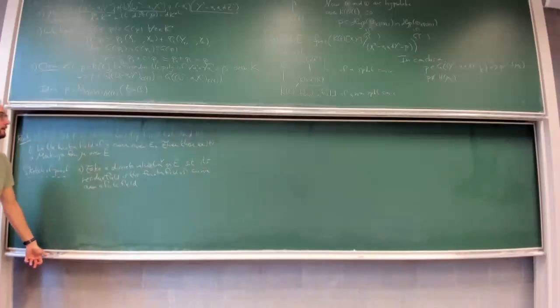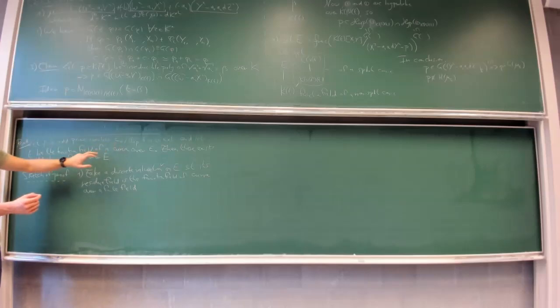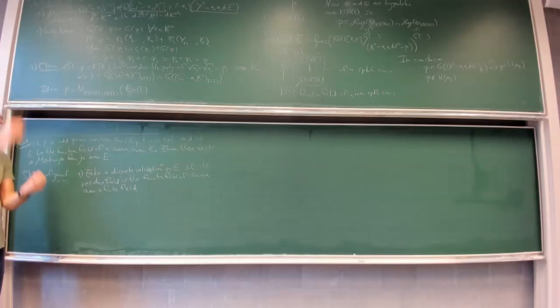And we can do this by, for example, if we take the complete valuation on E naught, we can lift it to the rational function field with the Gauss extension, and then lift it to E.